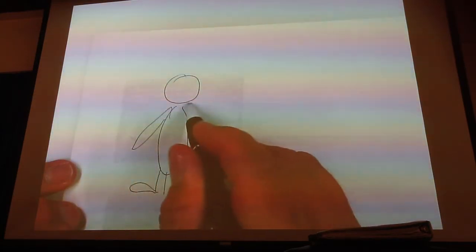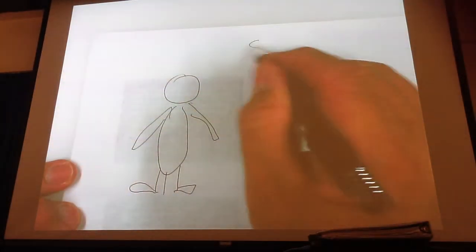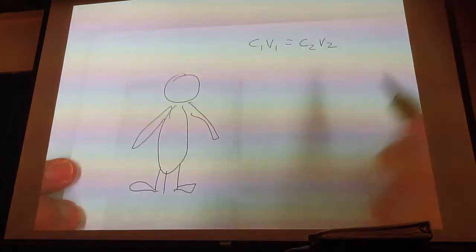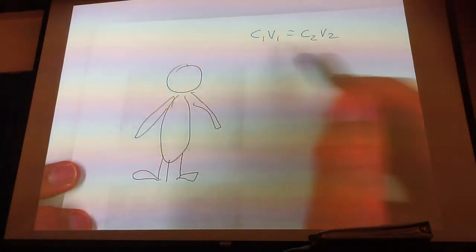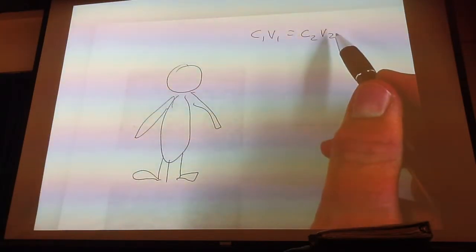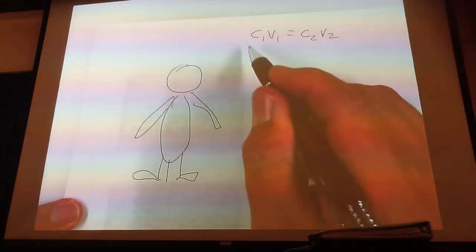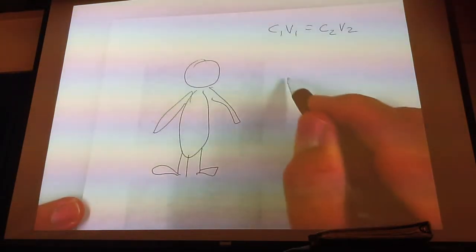Okay, the way that we do this, you're going to see this thing, C1 V1 equals C2 V2. Okay, this is what they call the dilution formula. This is actually how nuclear medicine got its start. So basically, you have a standard.